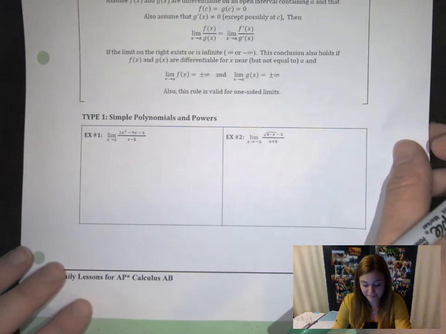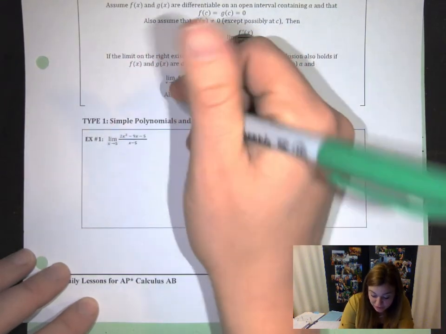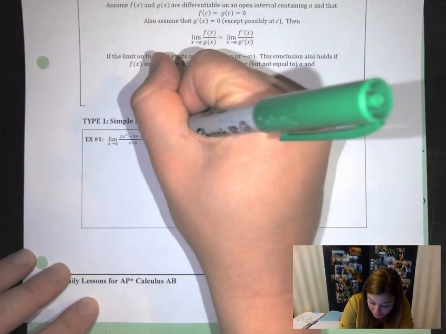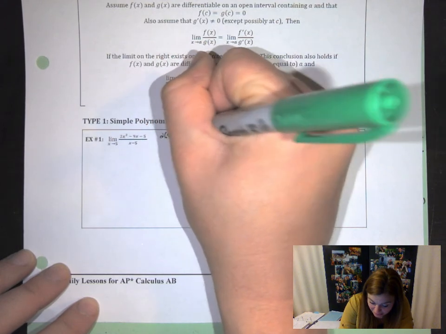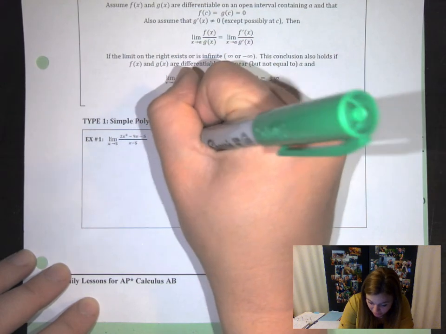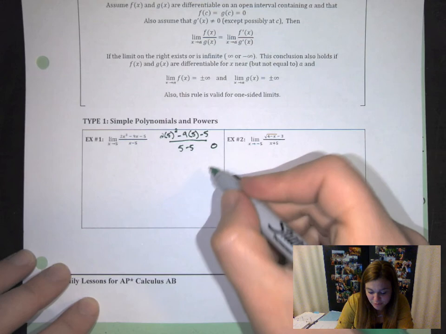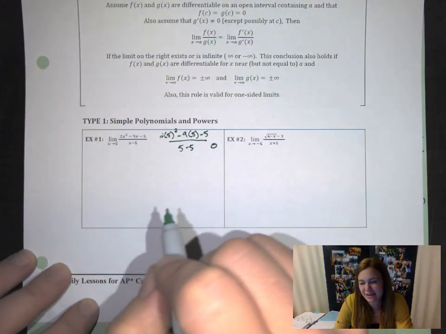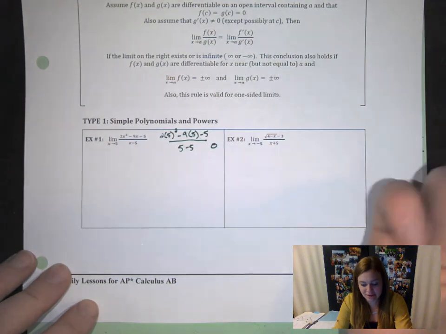Let's do this thing. Okay, so the very first thing we want to do, and we always want to do with limits, is substitute. So I'm going to take 2 times 5 squared minus 9 times 5 minus 5 over 5 minus 5. Oh, and I get 0. I'm not even putting equals because I don't want to accidentally write something as equal to 0 over 0 since that's not a number.